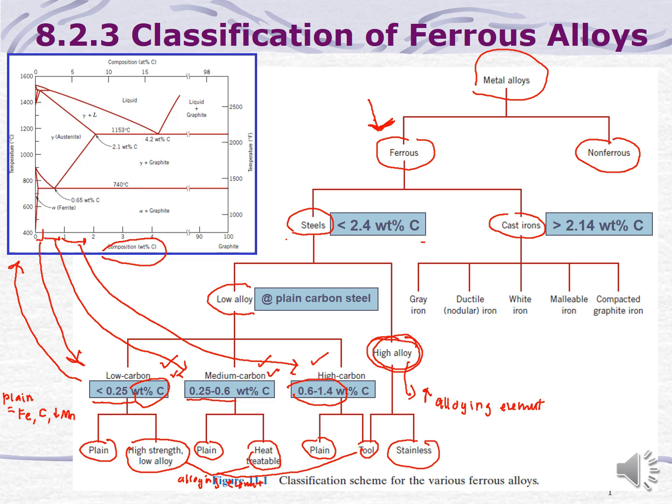How about the cast iron? There are several groups of cast iron: gray iron, ductile or nodular iron, white iron, malleable iron, and compacted graphite iron. What are the differences between these five groups?